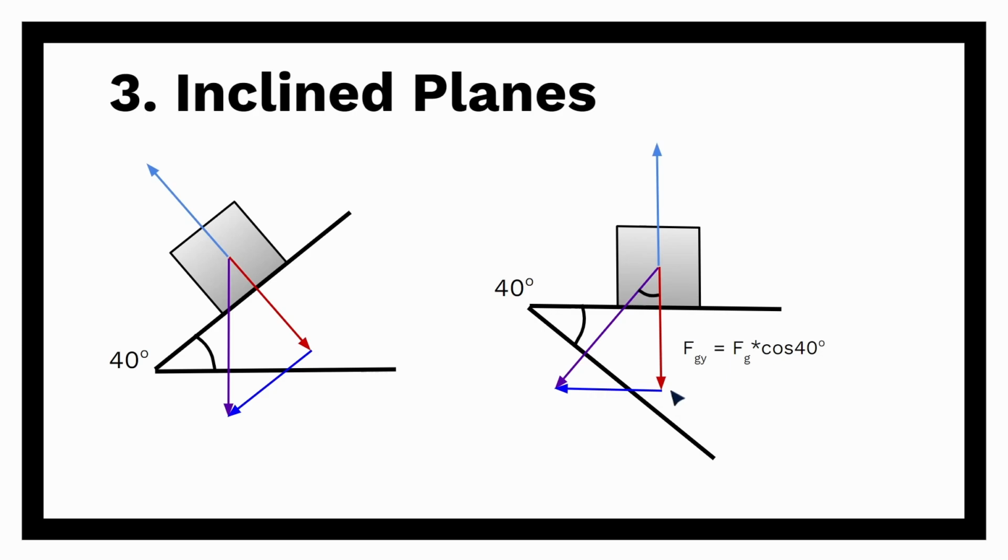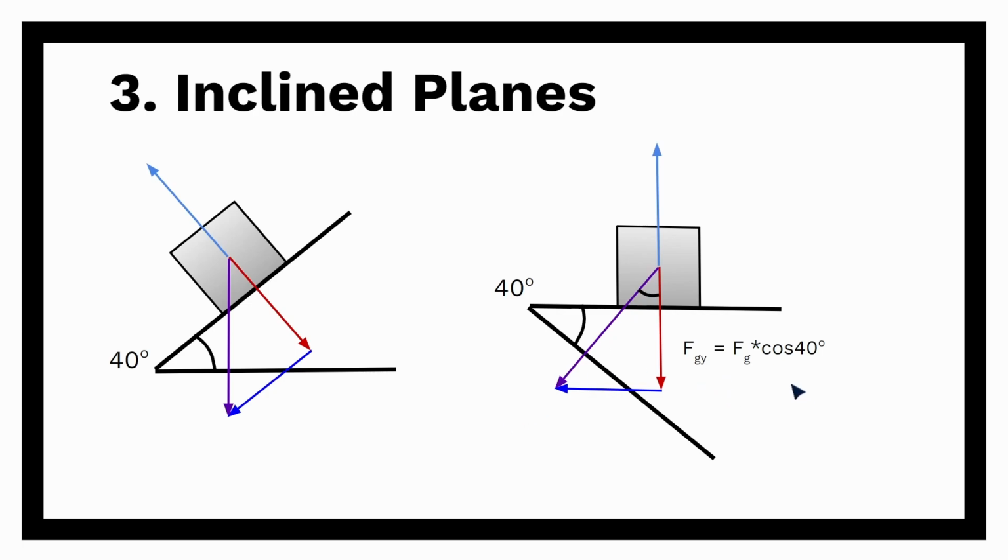And first, we can figure this out by saying hypotenuse times the cosine of the angle, and it's cosine because it's adjacent to the angle. This angle is 40 degrees, the smaller angle of the two. And you can see the cosine is adjacent over hypotenuse.